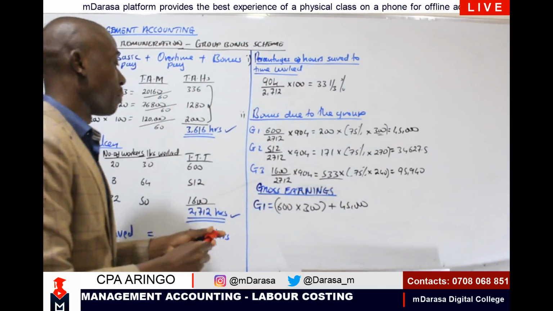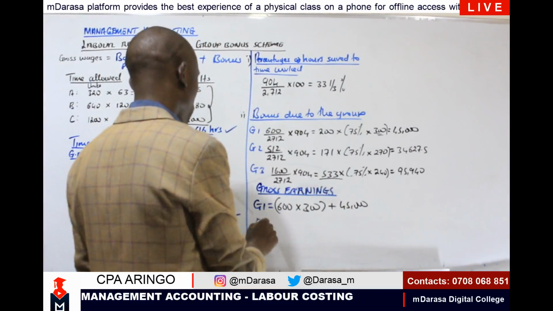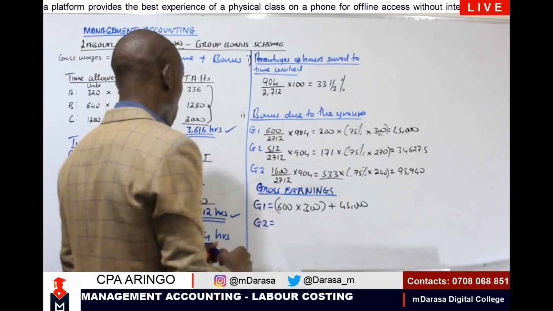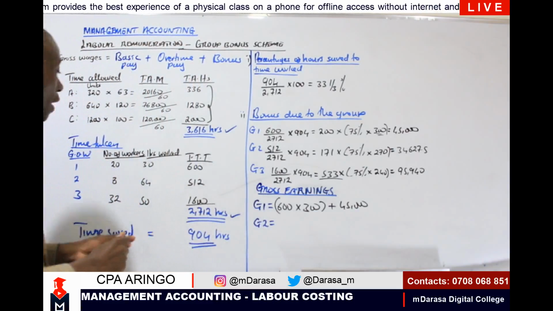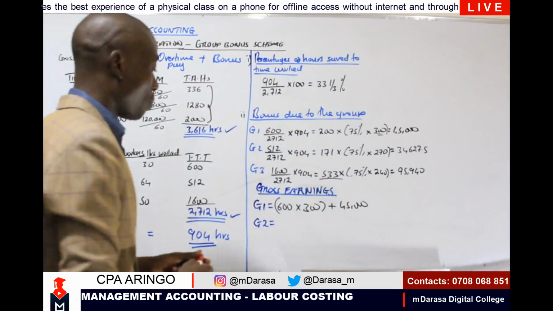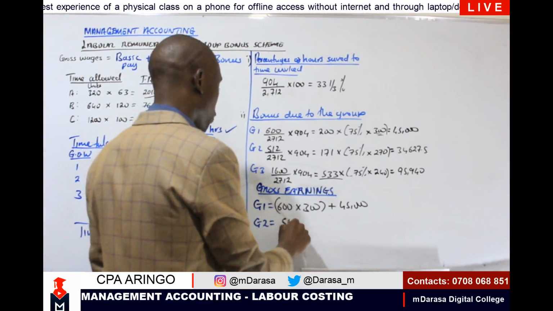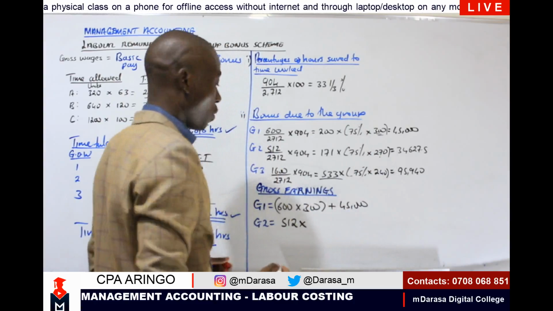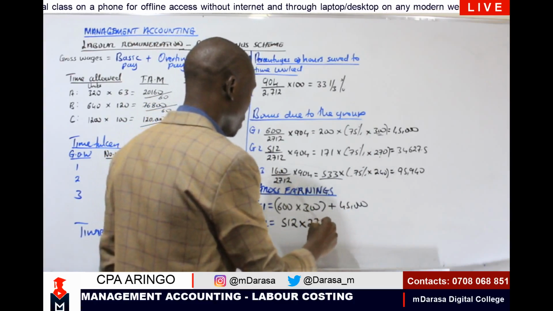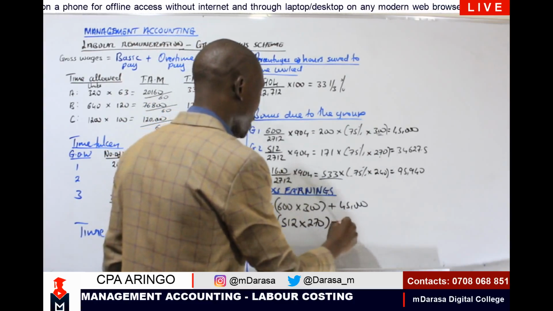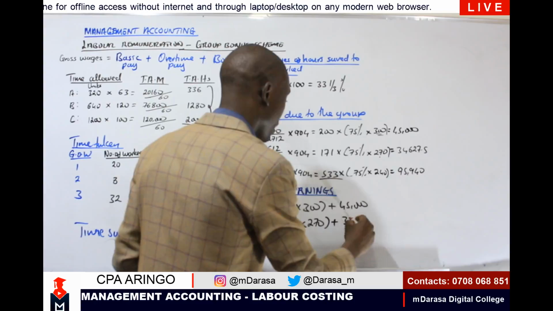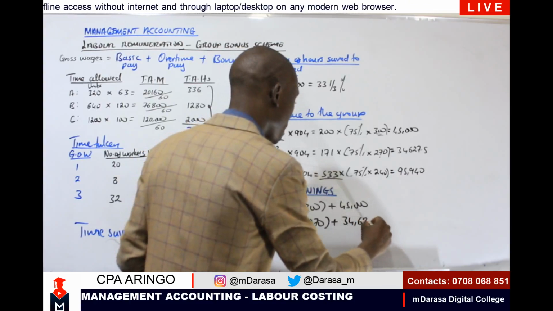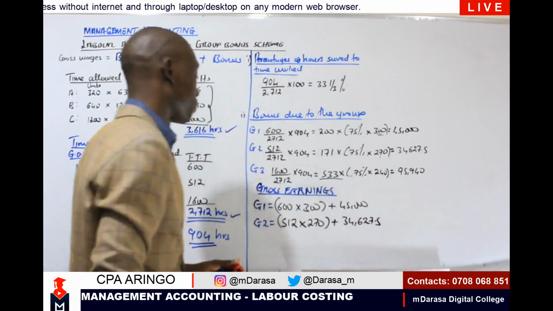Correct? Come to group grade 2. Grade 2, we worked for 512 hours. We were paying 270 on that grade. So by 270 plus the bonus, which is 34,627.5.